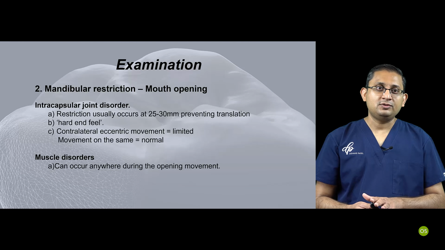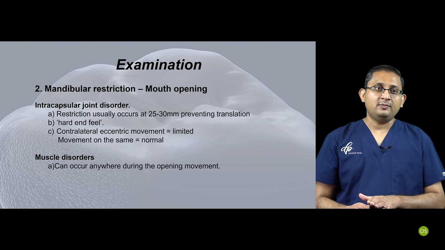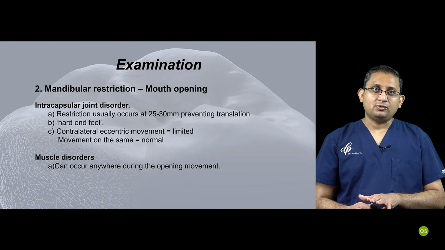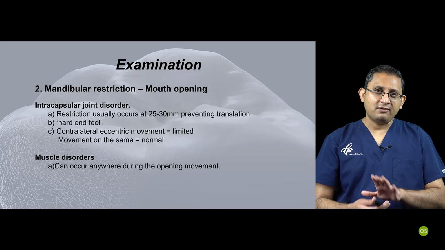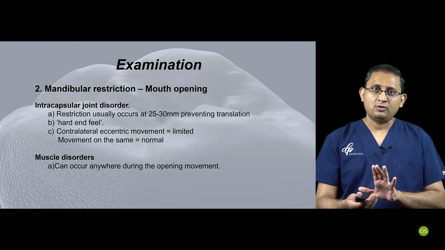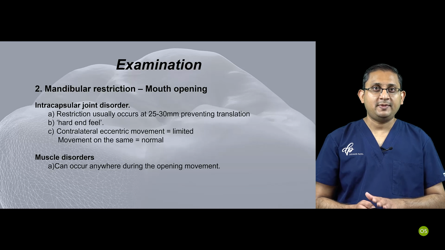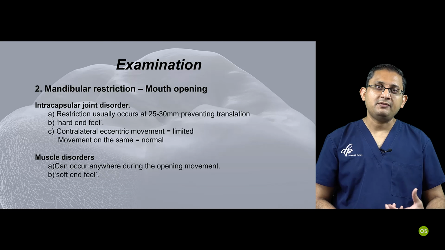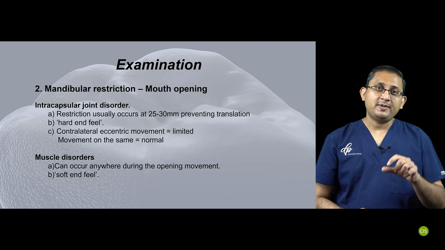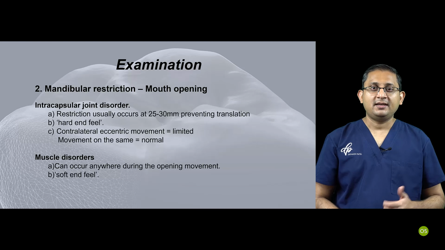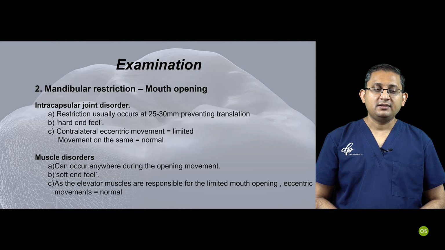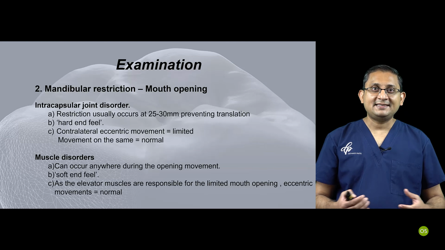Because usually with a capsule, with a disc, an intracapsular joint disorder, the patient can have a full rotational movement, but not translation. Whereas the muscle pain could be anywhere. However, when you try and open it a bit wider, the patient can open a tiny bit wider, and that's why it's called softer end feel. Because mainly the elevator muscles are affected, the eccentric movements are usually normal.